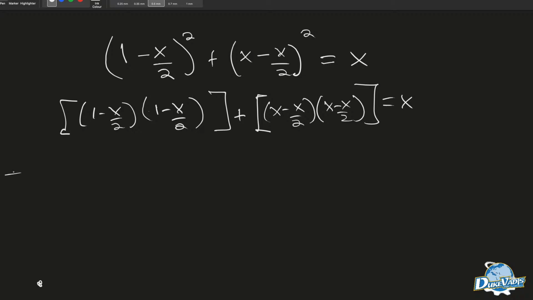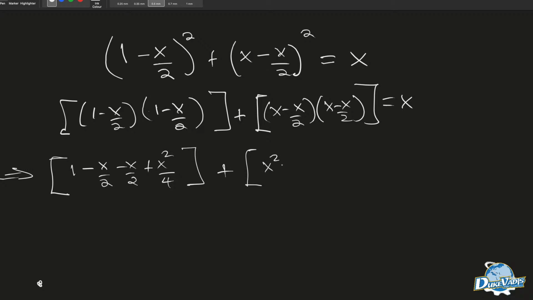You will see that this expansion is given as 1 - x/2 - x/2 + x²/4, okay, so that will give us that, and plus that, this will give us x² - x²/2 - x²/2 + x²/4 = x.